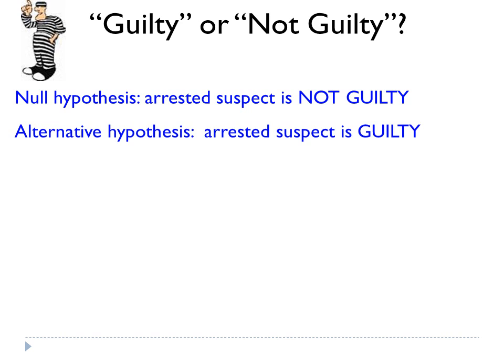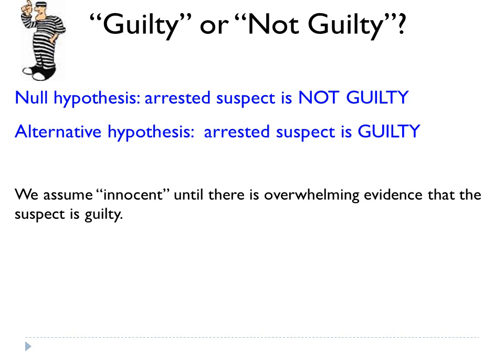We're supposed to always start by assuming that the person is not guilty. The alternative hypothesis is that they're guilty. We're supposed to assume that somebody is innocent until there's overwhelming evidence that the suspect is guilty, right? We start with the null hypothesis that they're not guilty until we have enough evidence that we can reject that in favor of the alternative that they're guilty, right?